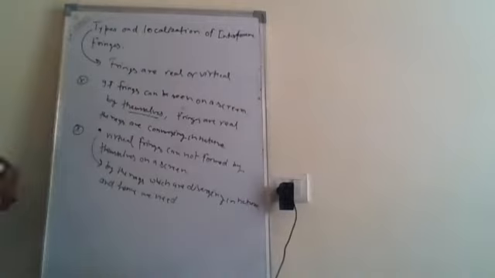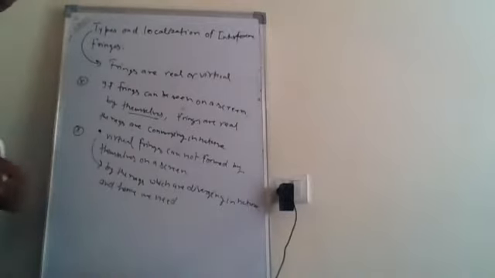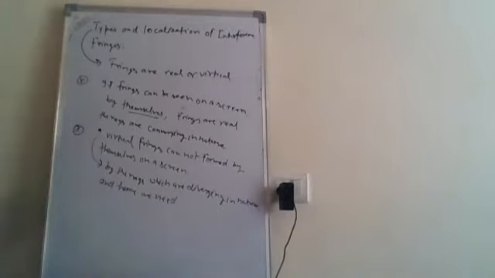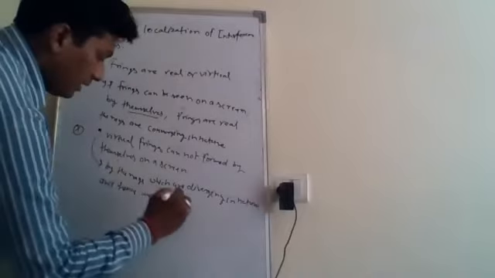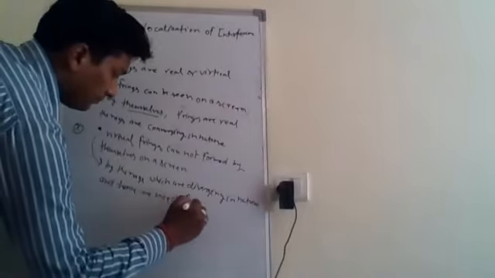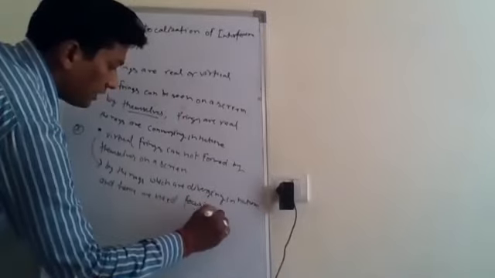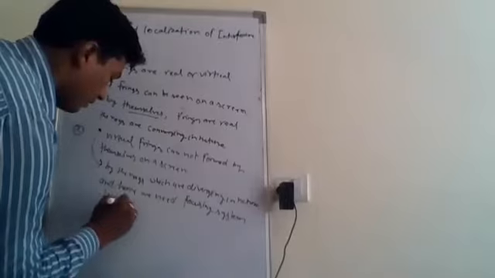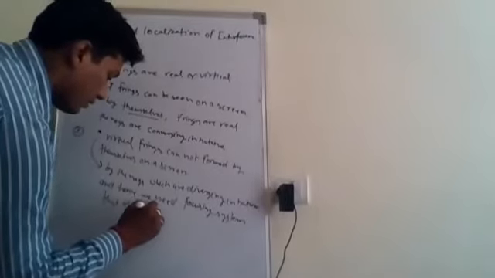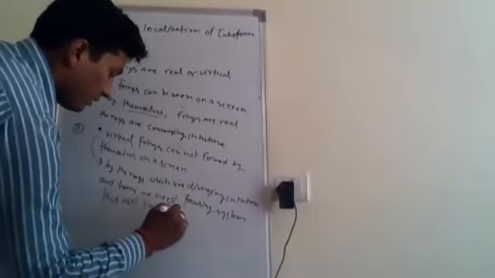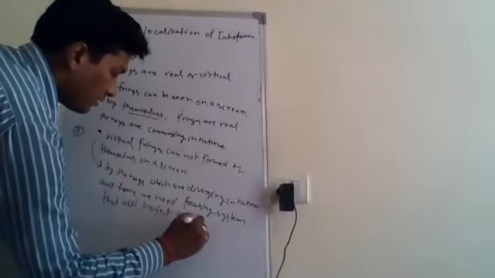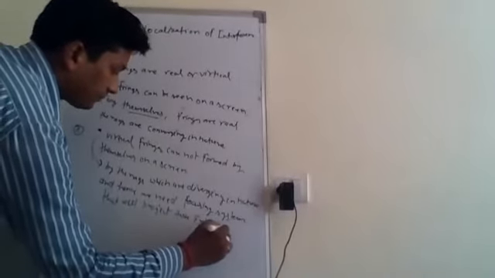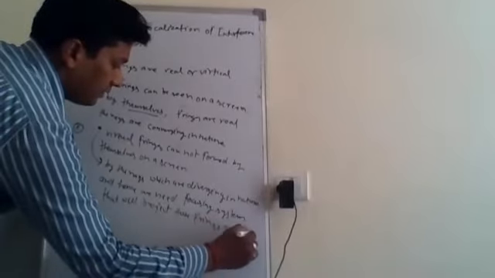If you want to see virtual fringes, we need a lens or some device to project the fringes on a screen. So we need a focusing system that will project these fringes on a screen.